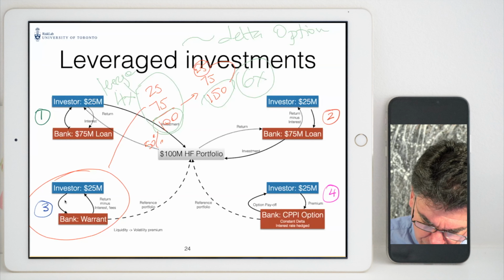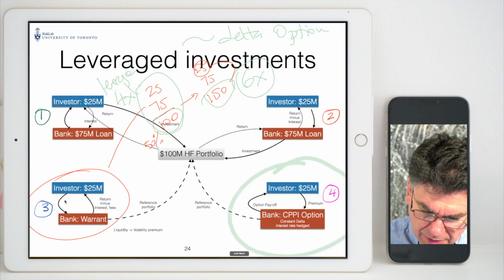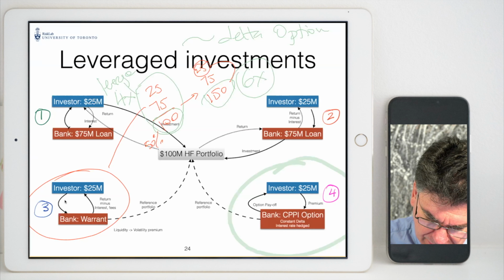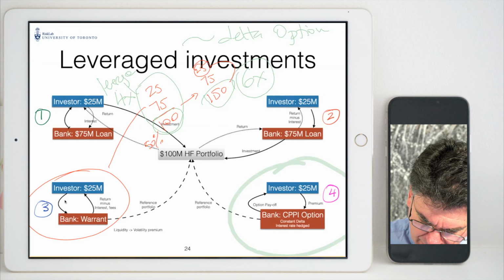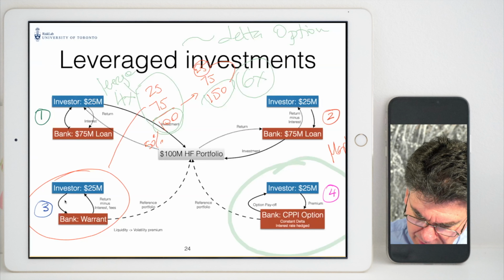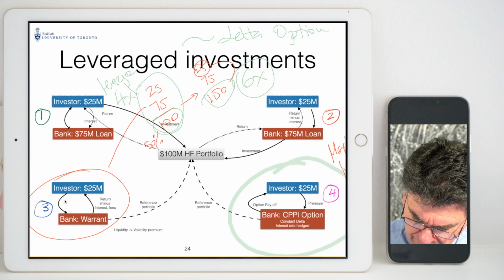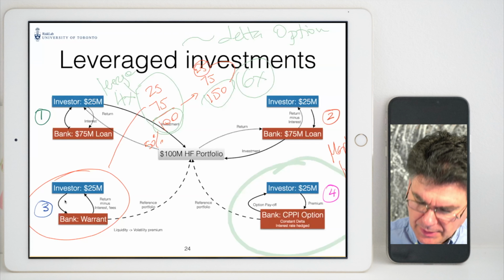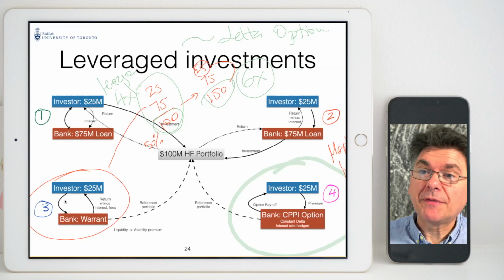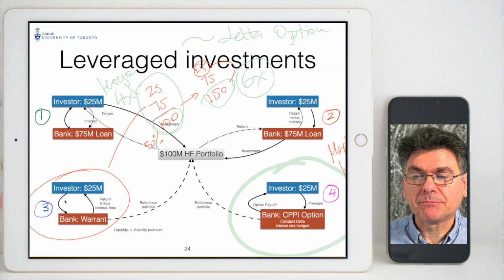And this is a very good way, if performance is very good, you make a lot of money. So here, the risk profile is completely different. The market risk profile is very different. Here, the investor makes much more money. Also, the investor loses more money more quickly.